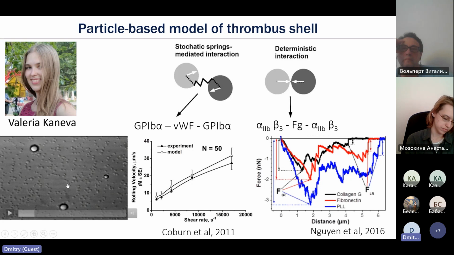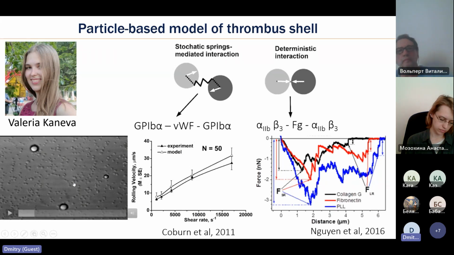If you try to describe this process, for example, with force fields, that there is some potential and platelets interact with the potential, in this case you won't be able to describe this curve. Because if the fluid force is more than the critical force of interaction with this force field, then the platelet will move really fast. If the critical force is higher than the flow-mediated force, then the platelet will just stick and stay forever.